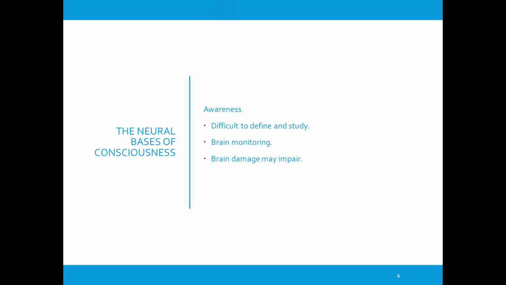Now, awareness is actually another concept that is difficult to define and even study. Researchers have typically adopted the shorthand definition that awareness is equivalent to the content of consciousness, and they focus their attention on awareness of something, like awareness of yourself or your environment.